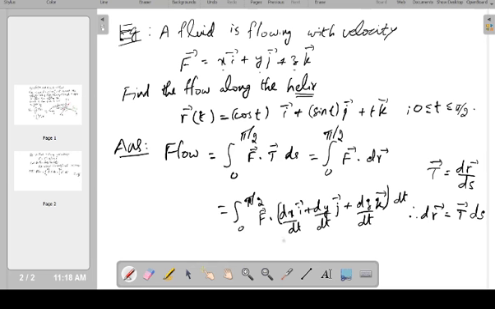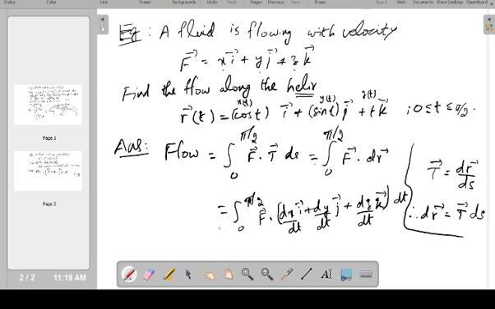This equal to is the same as this equal to. So I have to find dx by dt. So this is x of t. x of t is cos t, r of t is x of t, y of t, z of t. y of t is sin t and z of t is t.